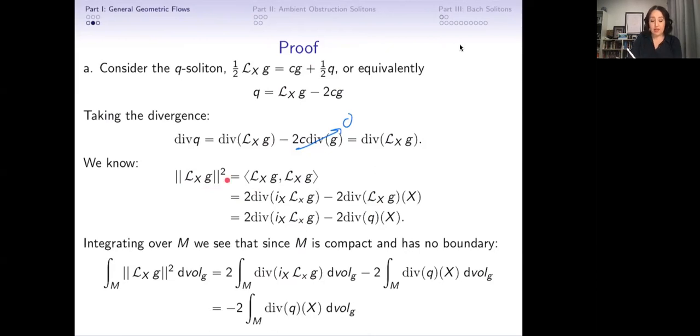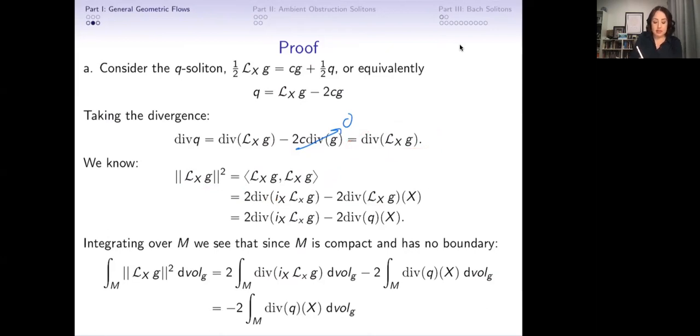There's a specific property that takes us from this inner product down to looking at it as the difference in divergences with this function I sub x. And I know from above that the divergence of my Lie derivative is equal to the divergence of q.